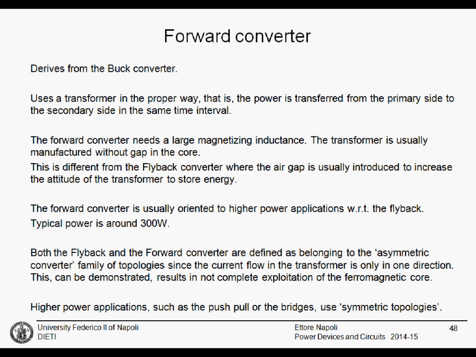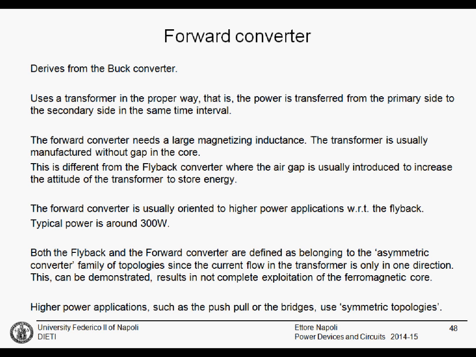As a consequence, the transformer of the forward converter is usually said to need a large magnetizing inductance. We want a transformer that is as ideal as possible, and since we have seen that an ideal transformer has infinite magnetizing inductance, we want a transformer that has a large magnetizing inductance.